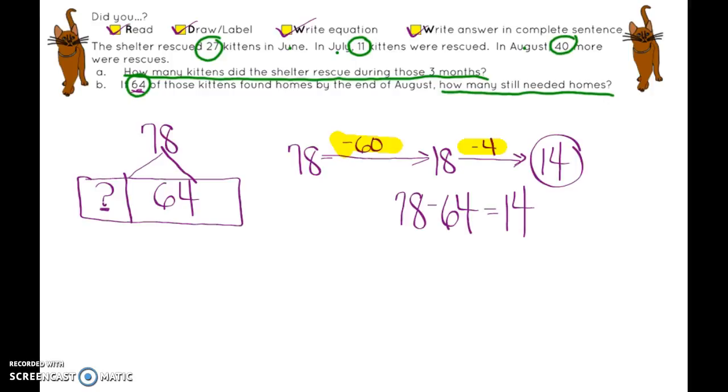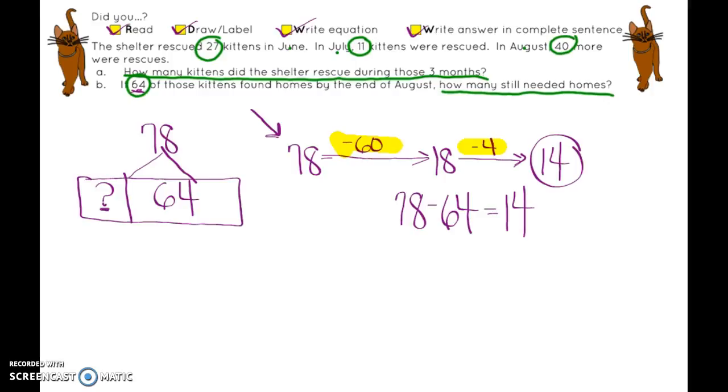Alright, in my tape diagram, I now know that there's 78 kittens, 64 of the kittens found homes, and we need to find out how many of those kittens still needed homes. When I used my arrow notation, I started with 78, and then I subtracted 60.